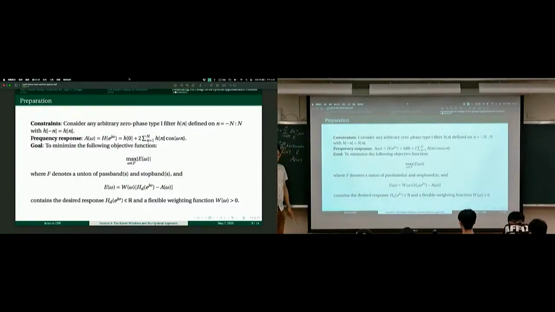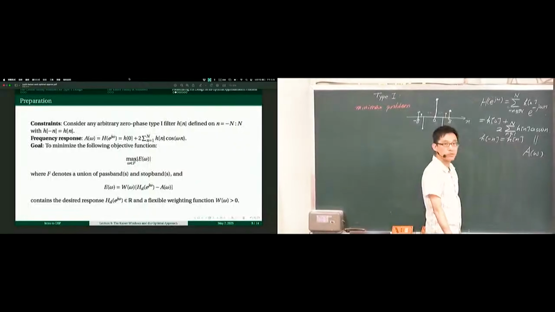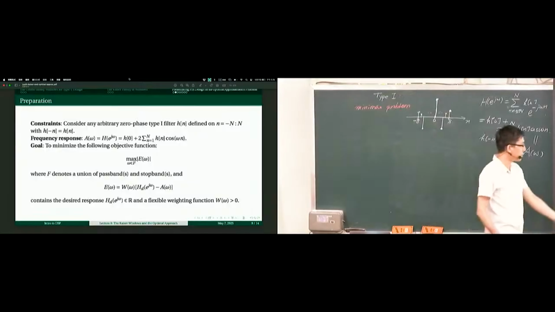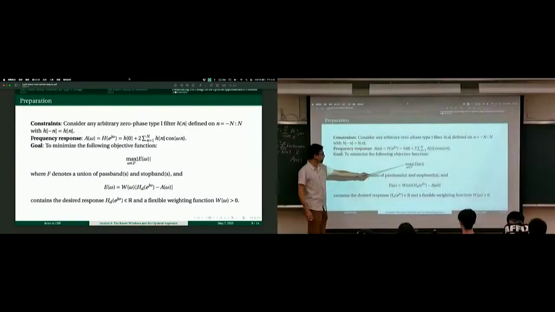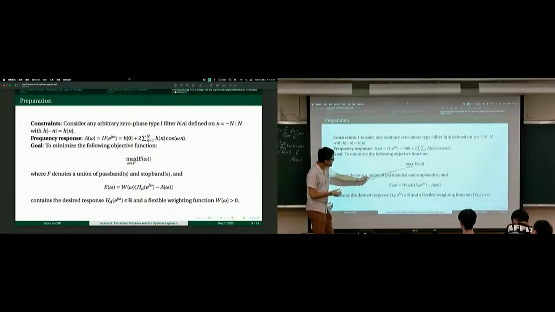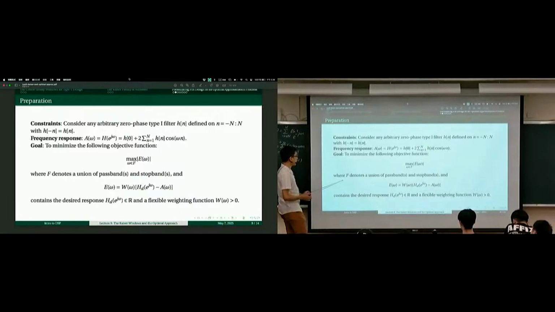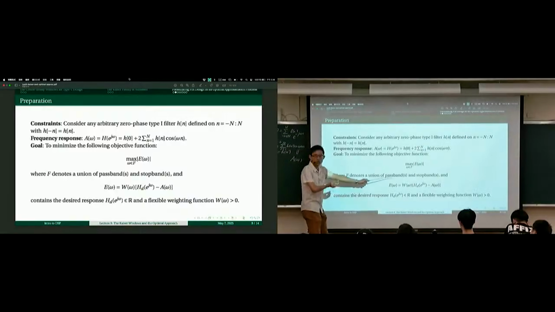There are a few steps, so let's combine all of the concepts into one sentence. Our goal is to minimize an objective function, which is the maximum, considered over a frequency region denoted as F. We consider all the frequencies in F, where F could be a union of pass bands and stop bands.